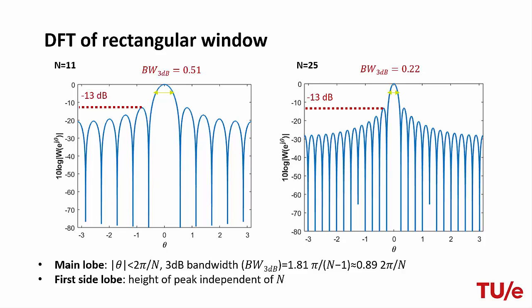By this formula, we can estimate the minimum frequency distance at which we can distinguish two spectral peaks, given a certain window length. Increasing the window length has benefits for spectral resolution, however, it does not have any influence on the height of the side lobes.